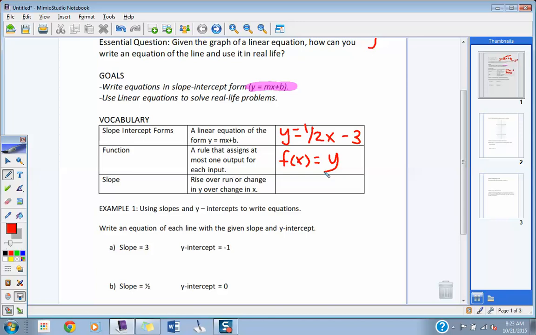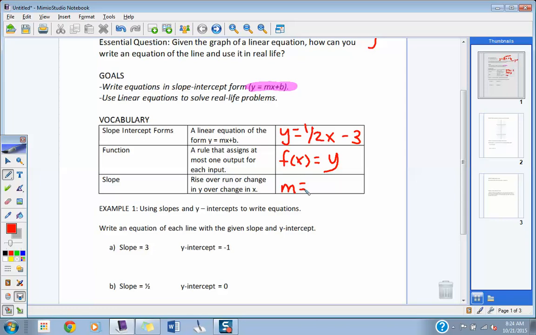And we also had a formula when we were given 2 points. You guys recall that formula for slope? We did it in the last section. We had 2 points, some y values and some x values. You guys recall the formula for finding slope?